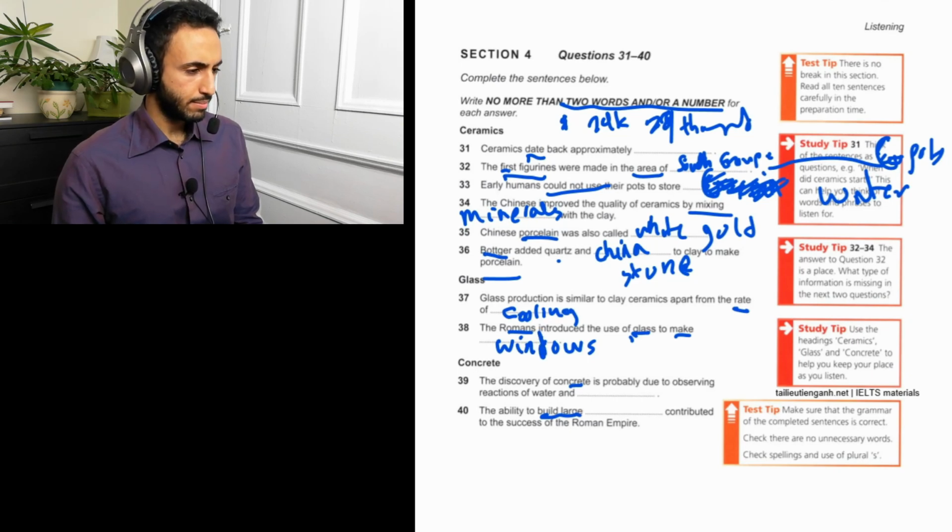The Romans were also responsible for inventing concrete, and although the origins are uncertain, experts think that this is largely due to the high level of volcanic activity in the area. The Romans observed that when volcanic ash mixes with water and then cools, it gets extremely hard and almost impossible to break up.